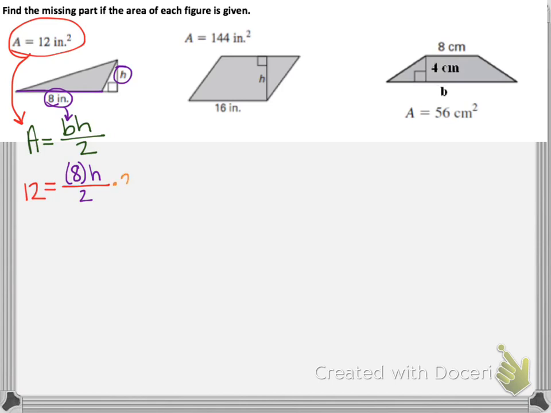And now all it is is doing a little bit of algebra, solving that equation. So I'm going to multiply by 2 on both sides. Those 2's divide away, so I just have 8h over here. 2 times 12 is 24. Divide by 8 on both sides, and I'm going to end up with 3 equals h. Oh, you know what would have been even easier?